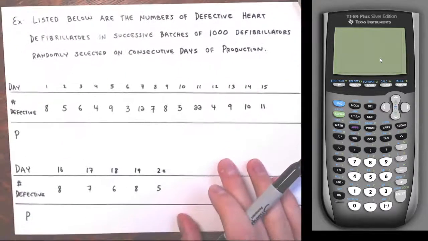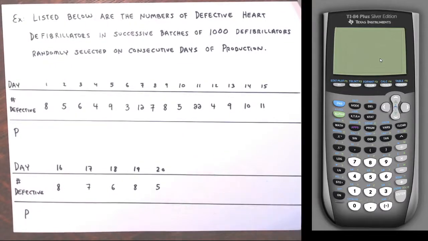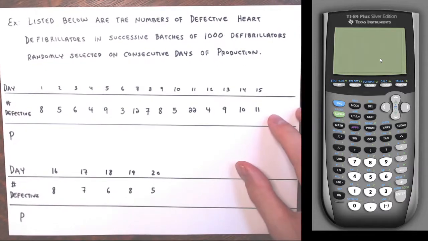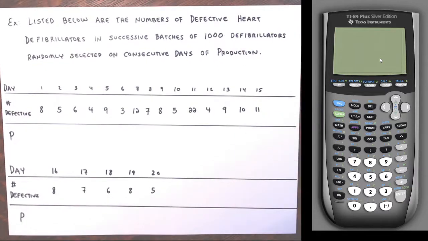Now, another example, another one where the attribute being monitored is again defectiveness. This one's another manufacturing problem, kind of like minting coins, but this time manufacturing heart defibrillators. If you were a company that made heart defibrillators, you would want very few defective ones going out to market.